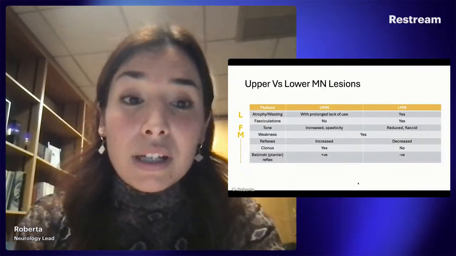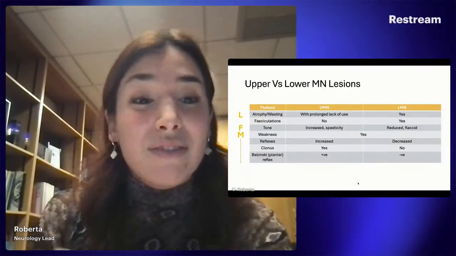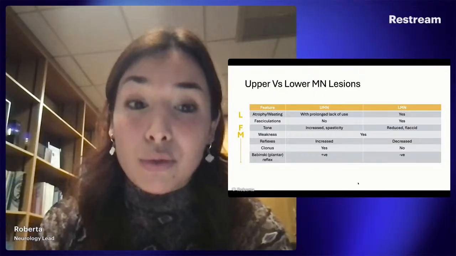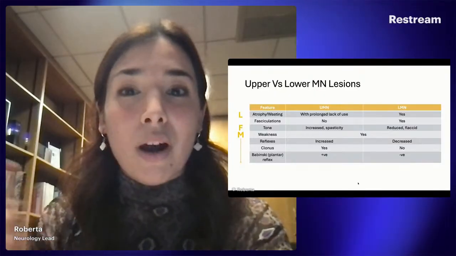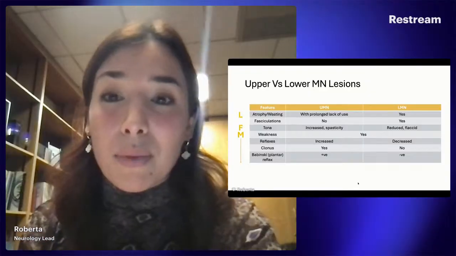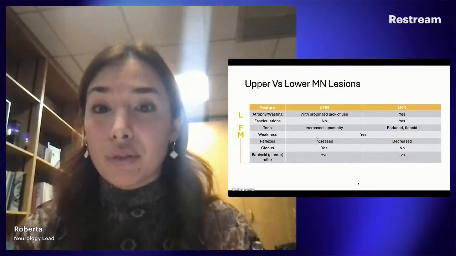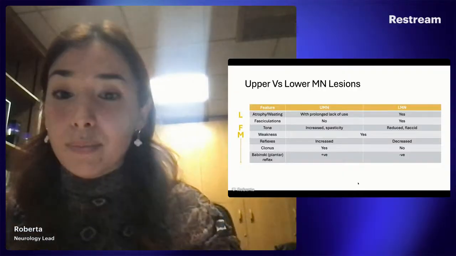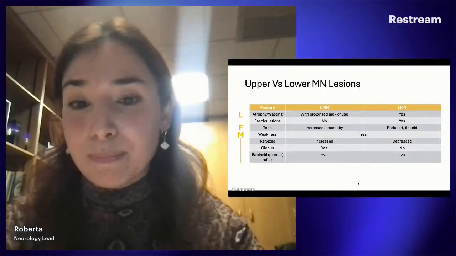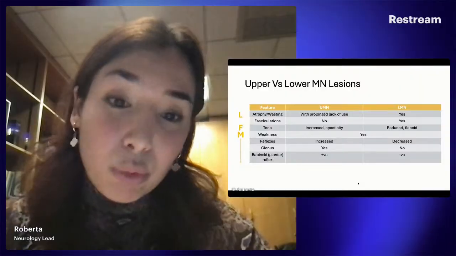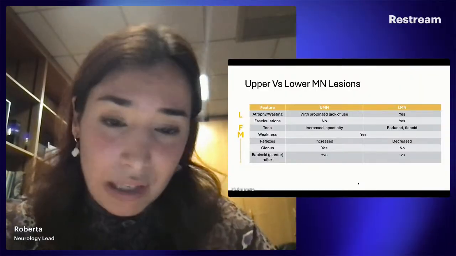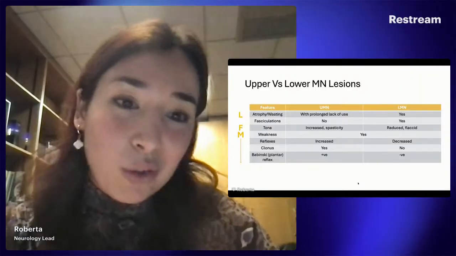Whereas in lower motor neuron lesions, we get flaccidity, reduced tone, and that is why, going back to Guillain-Barré, we were talking about flaccid paralysis, because it's peripheral, so lower motor neurons will be affected. Weakness will obviously be present in both, because the motor neurons are affected.